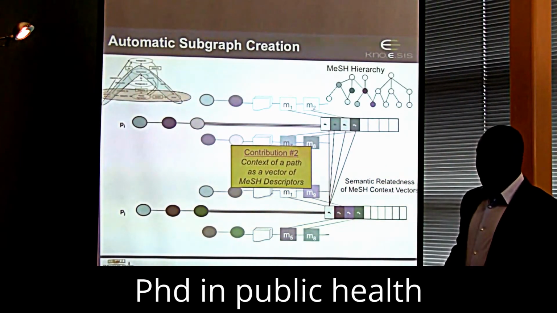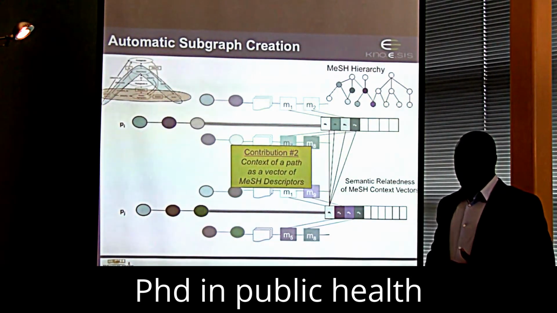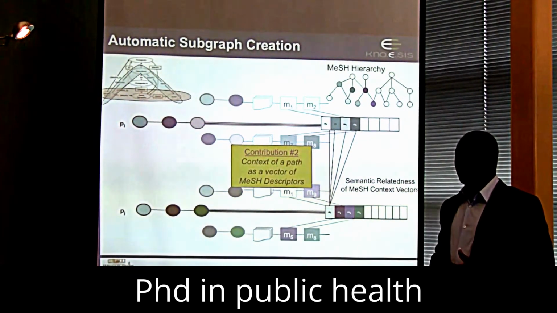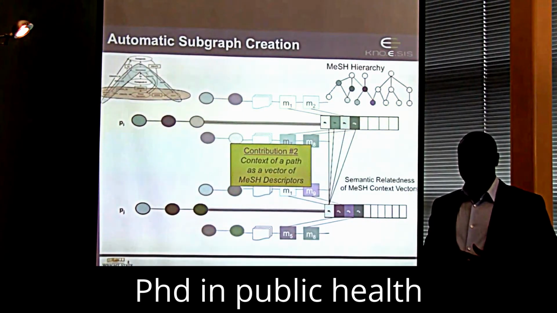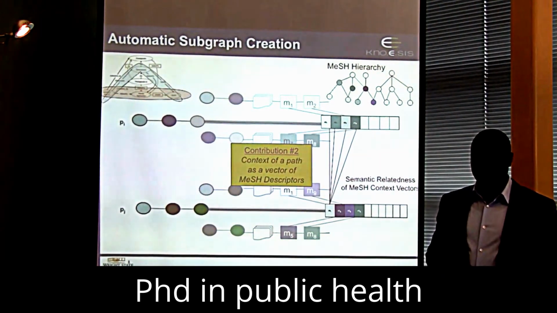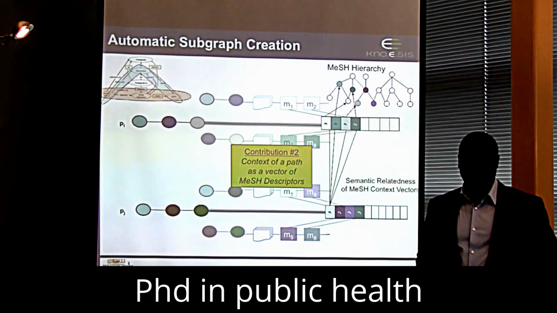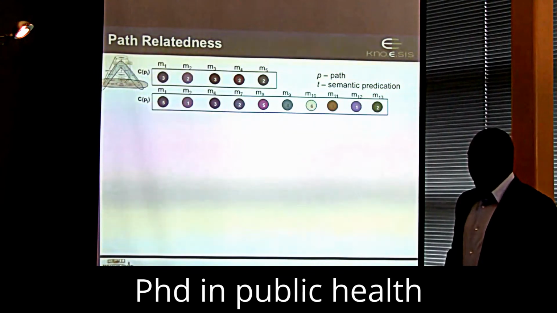Suffice to say here that these MeSH descriptors, inasmuch as they are assigned to Medline articles to index the content, are also part of a hierarchy of background knowledge. And this, I believe, will be key in enabling us to actually capture both implicit and explicit context for the purpose of subgraph creation.